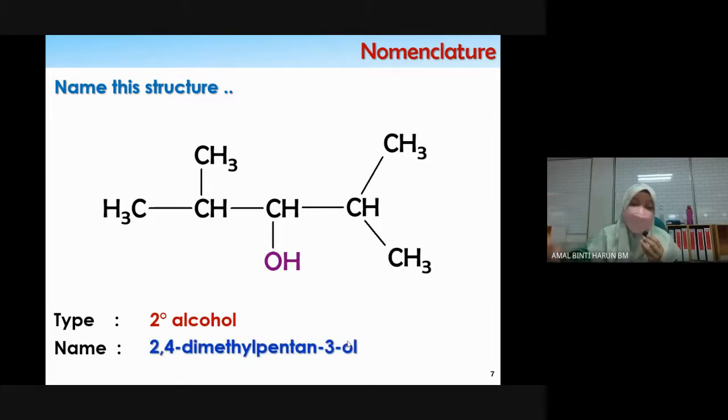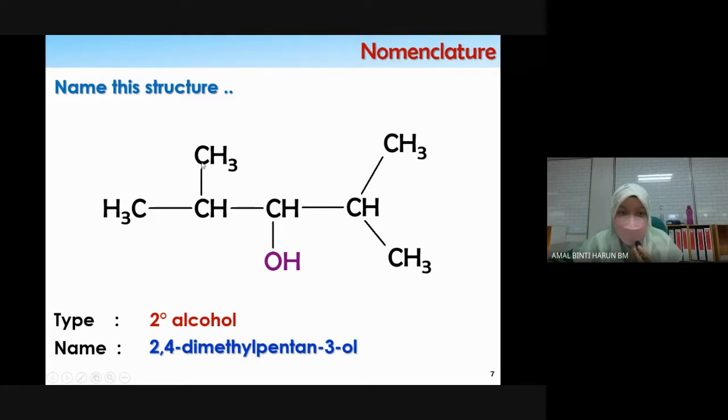So in this case, kita jumpa the longest carbon chain 1, 2, 3, 4, 5. So dia akan jadi pentanol, and then carbon number 1, 2, 3 got functional group OH. So dia akan jadi 3-pentanol. Okay, sometimes we can write pentan-3-ol ataupun you write 3-pentanol.